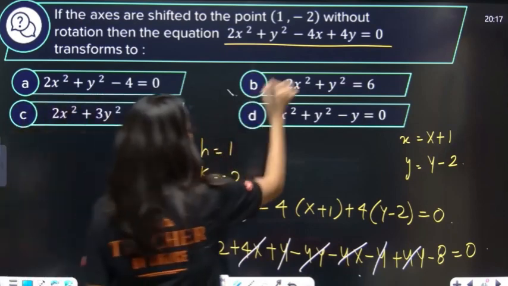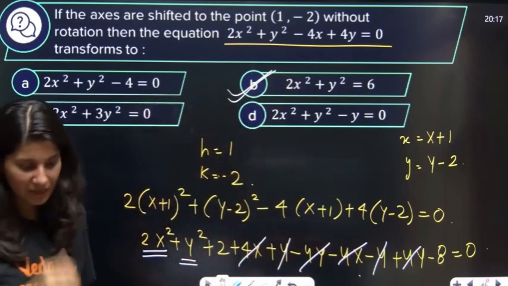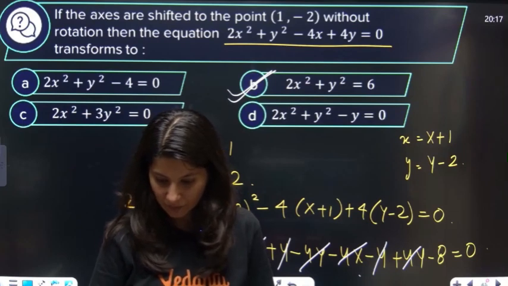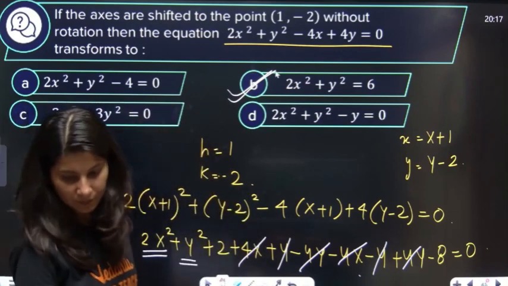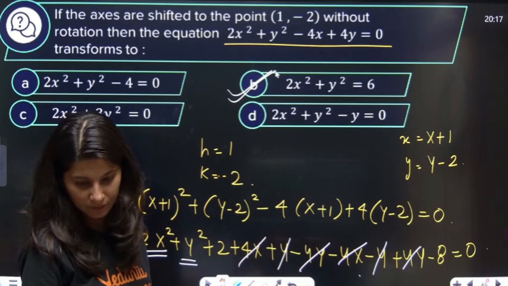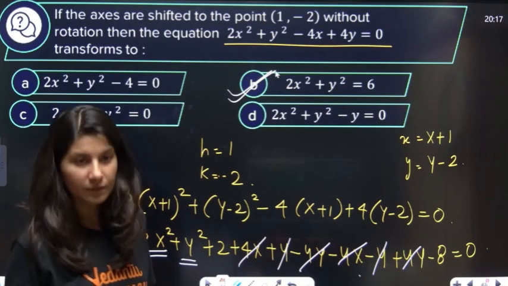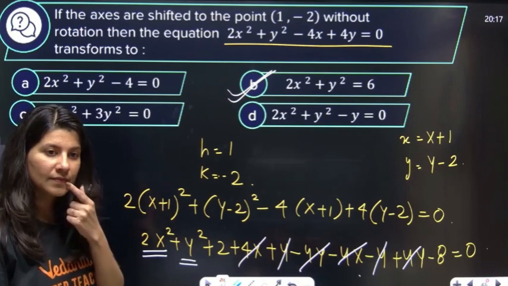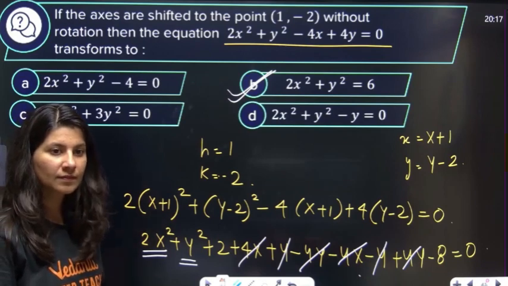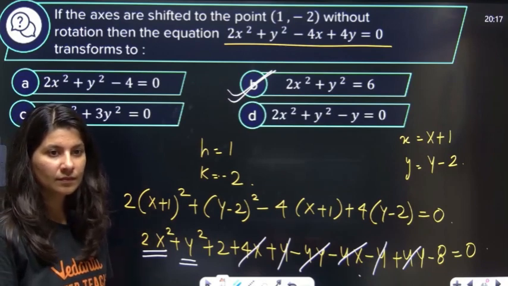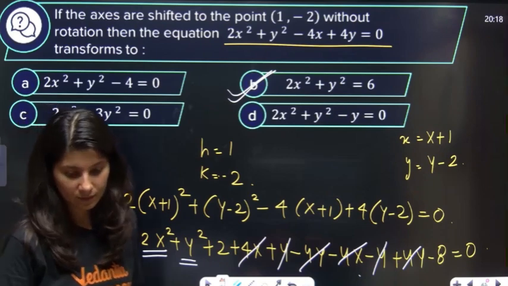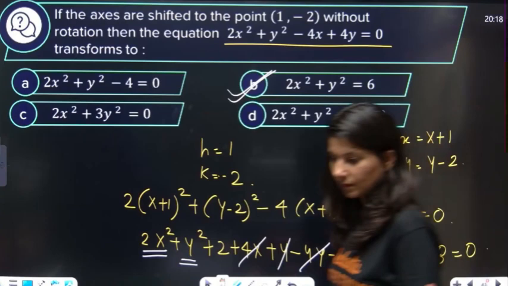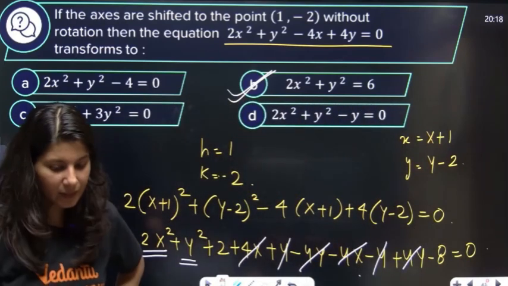So I think it is matching with option B. Everybody? Yes? Clear?